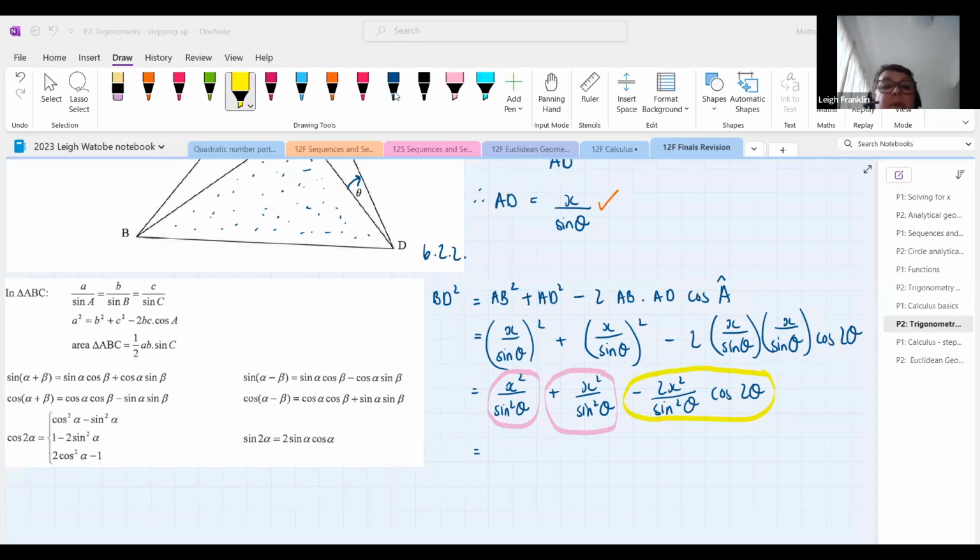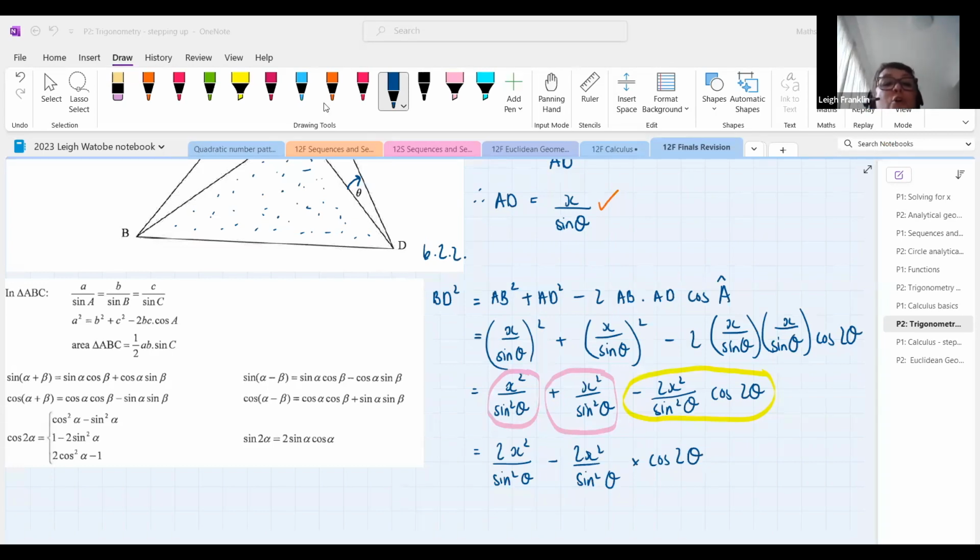Is everybody happy with that? So I've now got 2x squared over sine squared theta minus 2x squared over sine squared theta times my cos 2 theta, like so. Everybody happy with that?